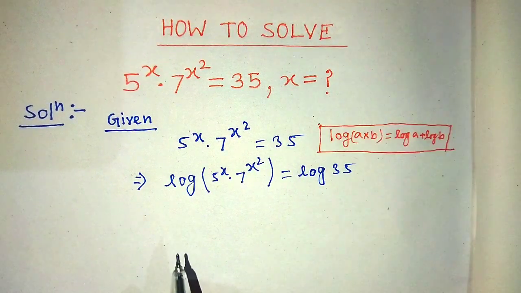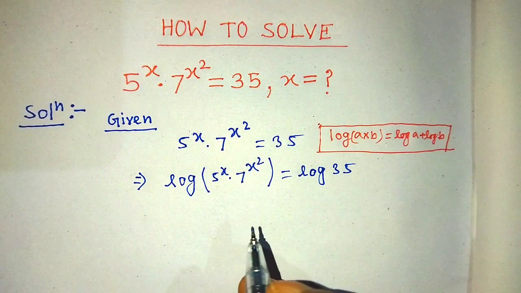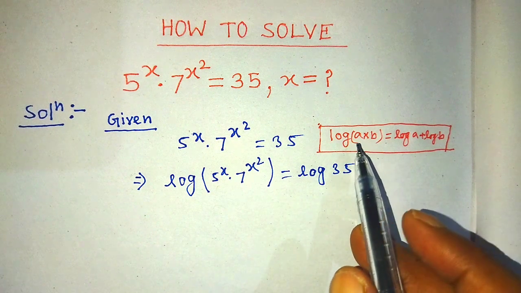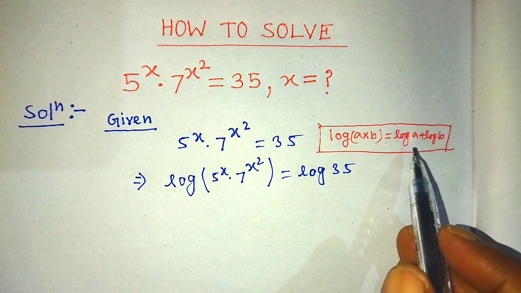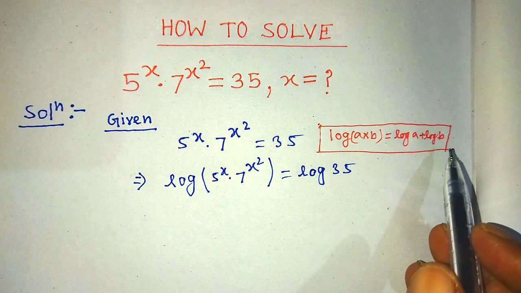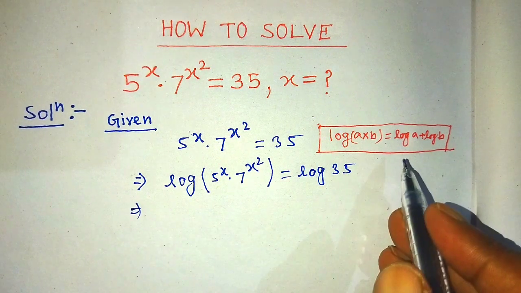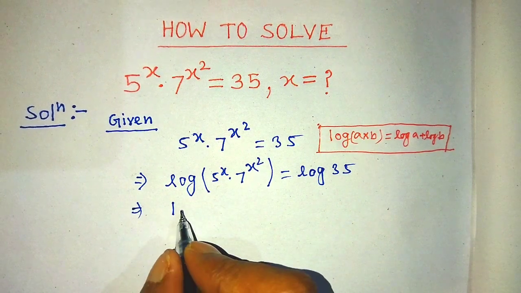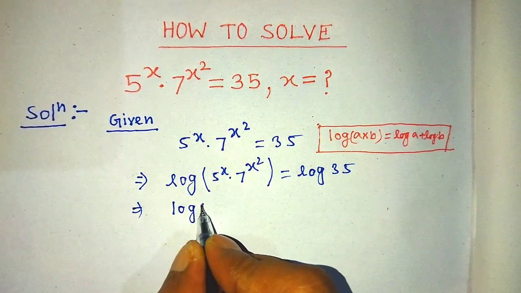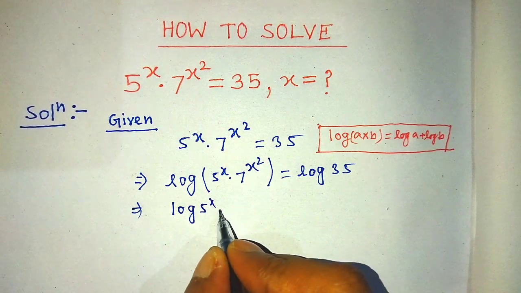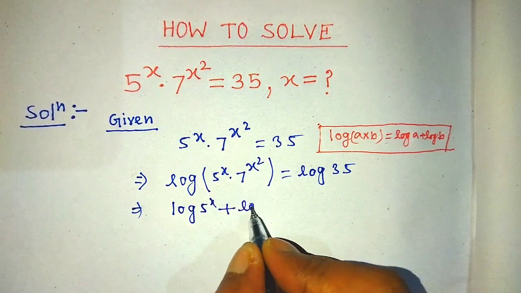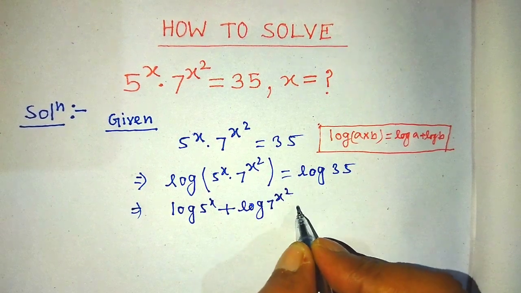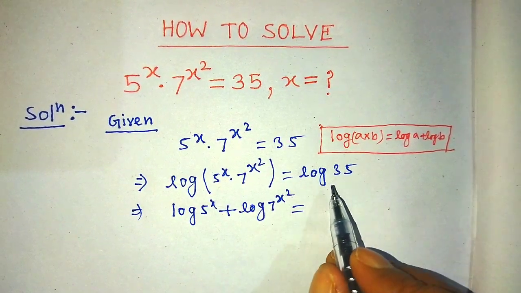Okay student. So student, to simplify the left hand side and right hand side of this equation, we have to apply this formula: log of a into b is equal to log of a plus log of b. So student, apply this formula on both sides, then we have to write on the left hand side log of 5 to the power x plus log of 7 to the power x square is equal to, on the right hand side log of 35.